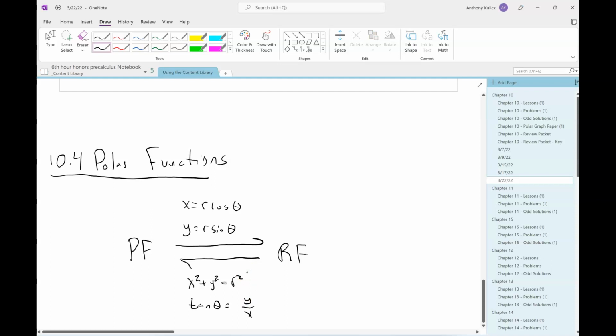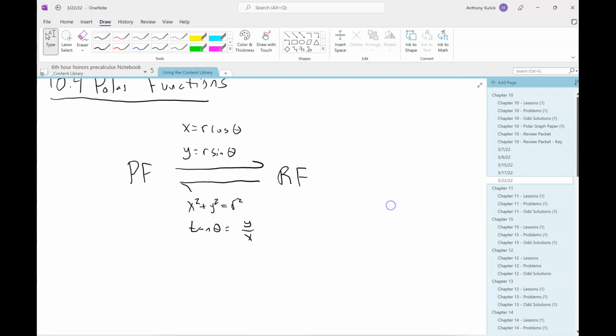We have that x is equal to r cosine theta, y is equal to r sine theta, and then x squared plus y squared equals r squared, and tan theta is equal to y over x. So those are the same 4 tools that we use to convert back and forth between polar coordinates and rectangular coordinates. They're the same 4 tools we're going to use converting back and forth between polar functions and rectangular functions, which is nice, right? Nothing new there. Let's go ahead and look at an example.